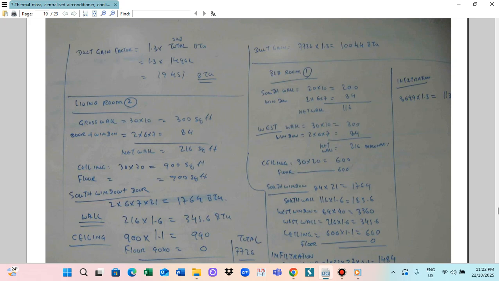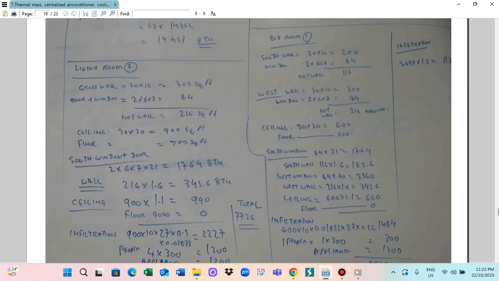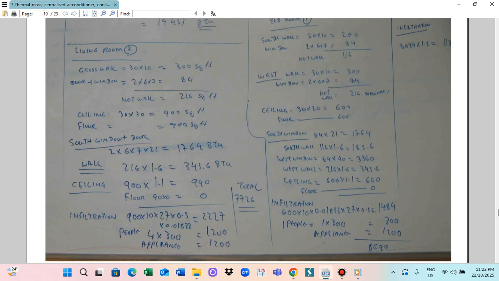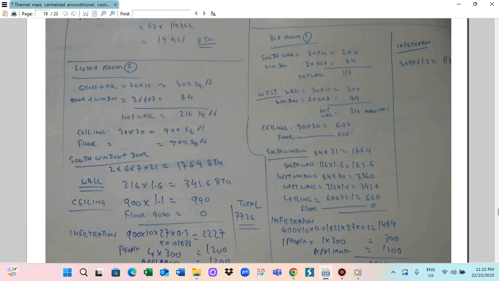And then we also calculate for bedroom 1. Bedroom 1 is beside the south wall and the north wall.